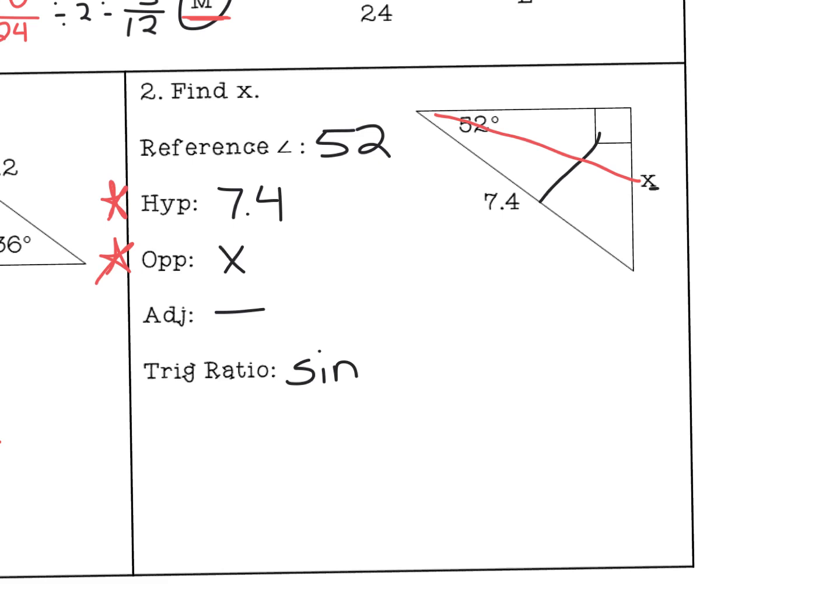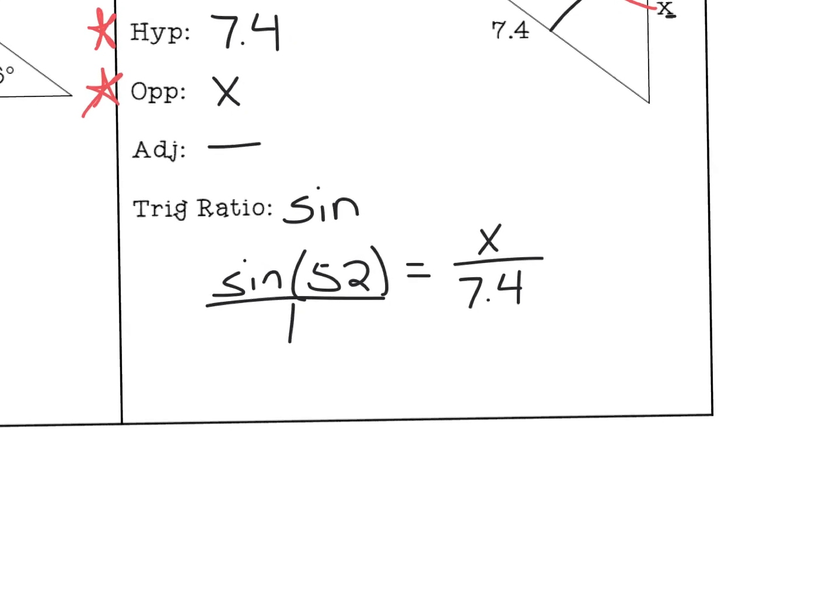So how do I set up my equation now? Sine of 52 equals x over 7.4. Opposite over hypotenuse. Now how can I solve? Put it over 1 and then what's it called? Cross multiply.